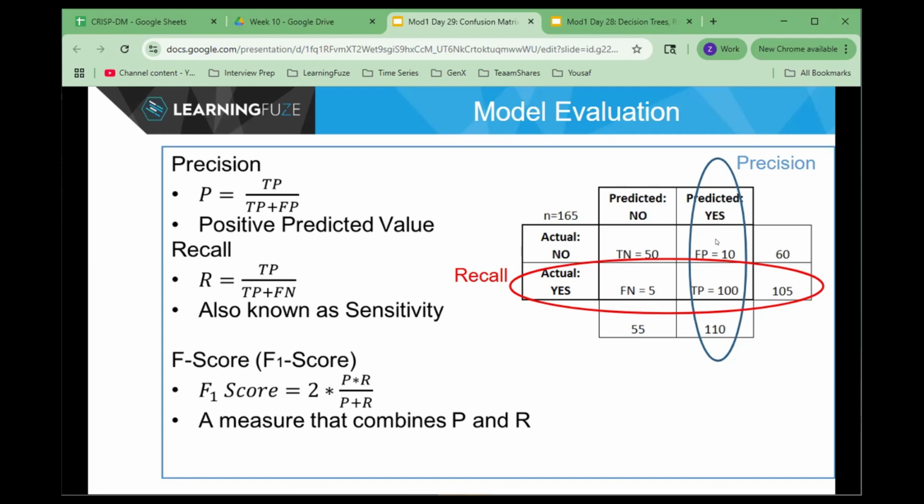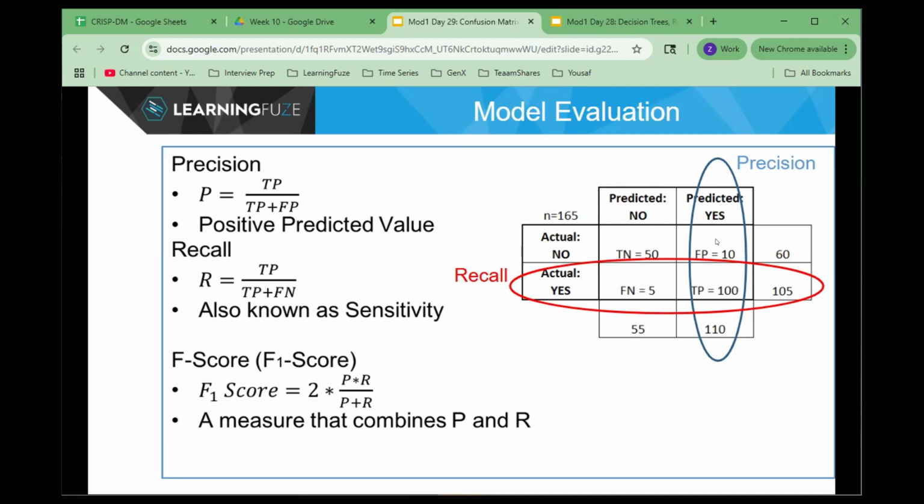Generally speaking, these are the two metrics that you should measure when you are doing classification, because that's the right metric. F1 score, or F score, is a harmonic mean of precision and recall. Sometimes people use it. For me, I personally prefer precision and recall individually.